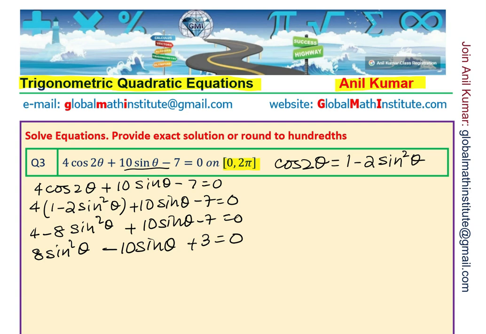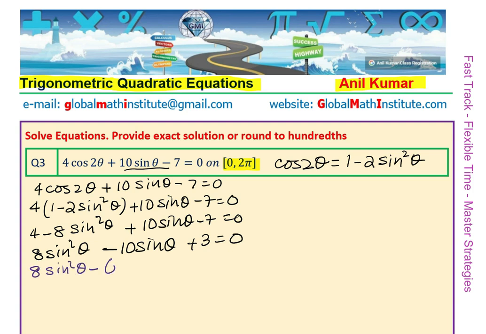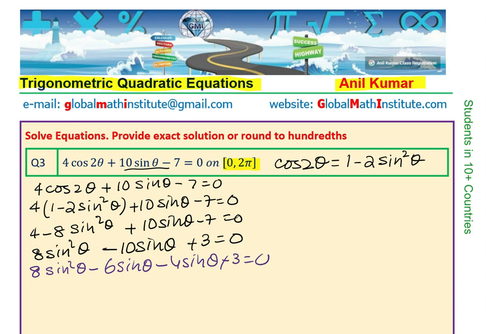Correct. So what are we looking for now? To factor this quadratic form of trigonometric equation, the product is 8 times 3, which is 24, and the sum is minus 10. So clearly, minus 6 and minus 4. Right. So we can rewrite this as 8 sine square theta minus 6 sine theta minus 4 sine theta plus 3 equals 0.